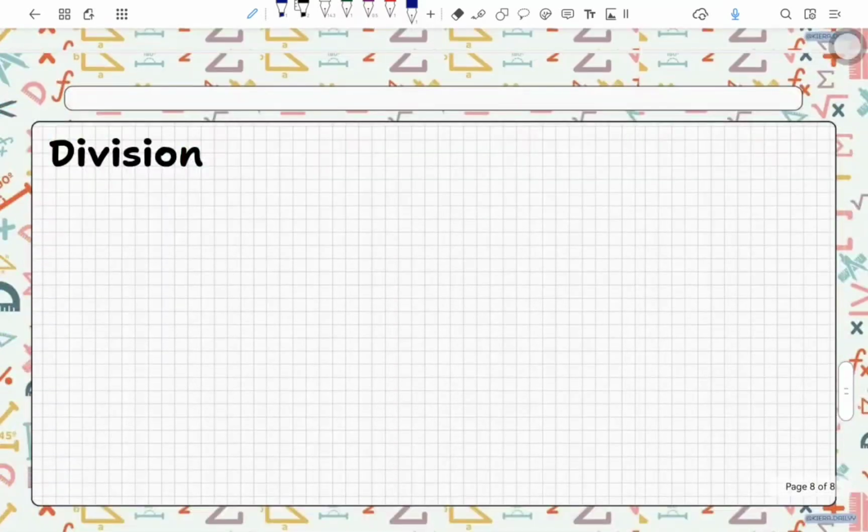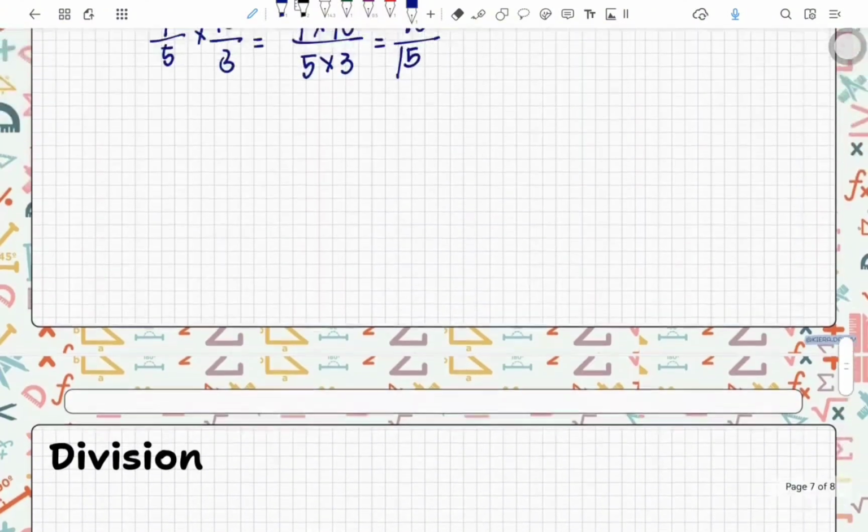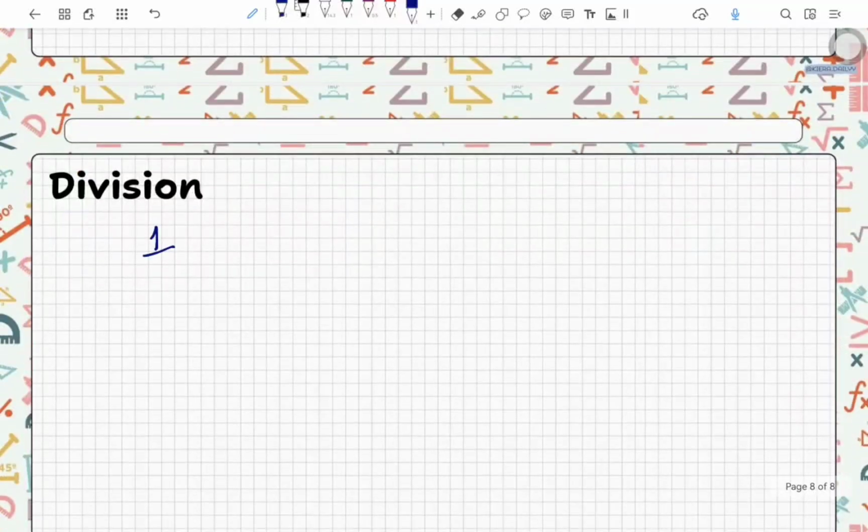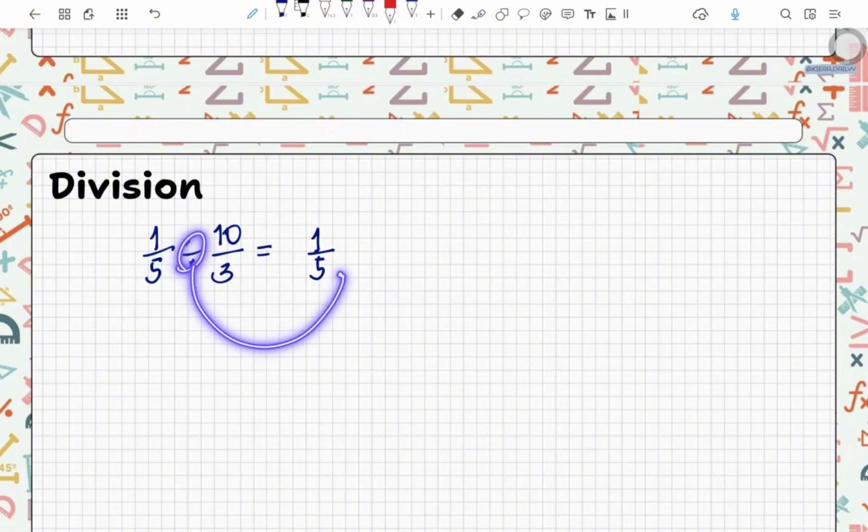Now in division, on the other hand, we are going to use the reciprocal, or we are going to interchange the numerator and denominator of the second fraction. For example, 1 over 5 divided by 10 over 3. Okay, so we have 1 over 5. Change your division symbol into multiplication.